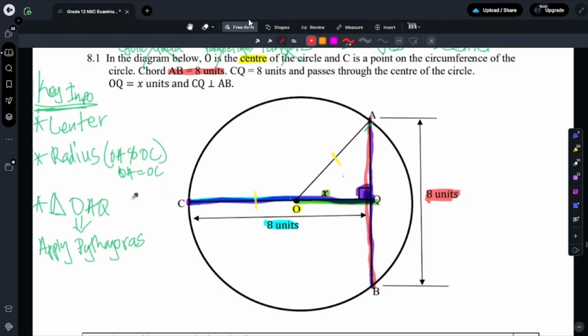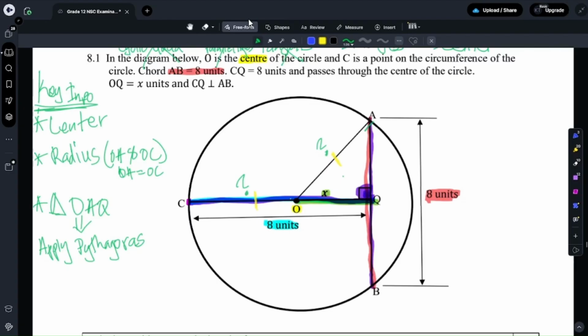And also note that OC is also equal to OA. So let's just put a question mark here and the question mark here. So if we can find the length of OA, that then means we can know the value of OC, since these two are radii and they are equal.